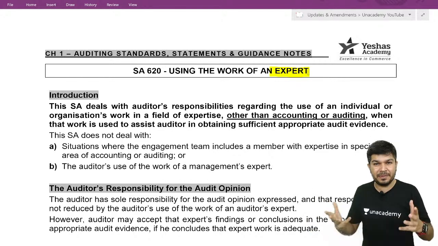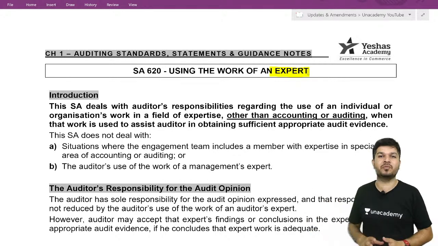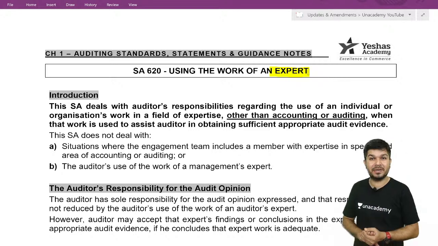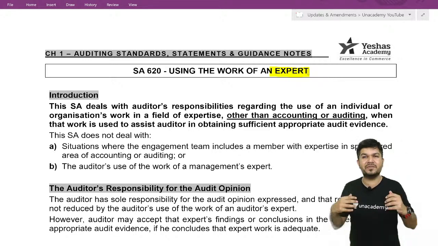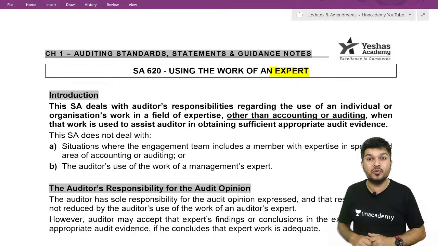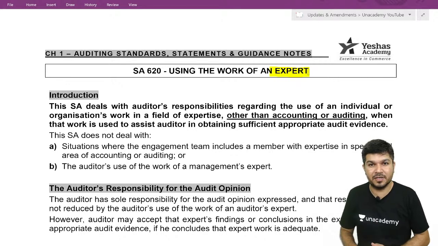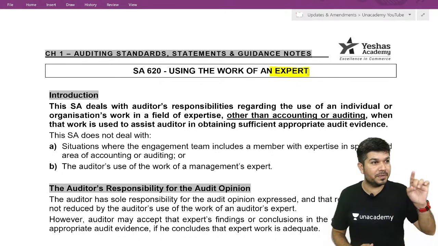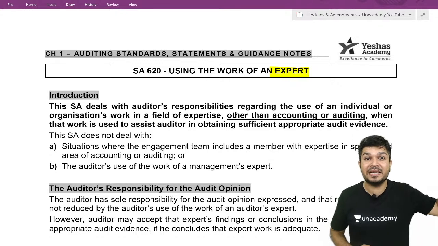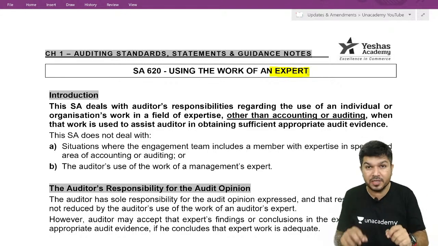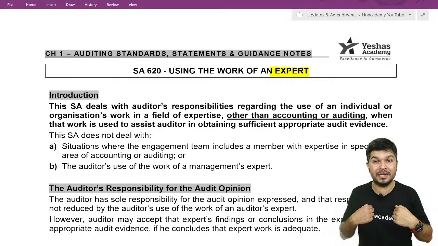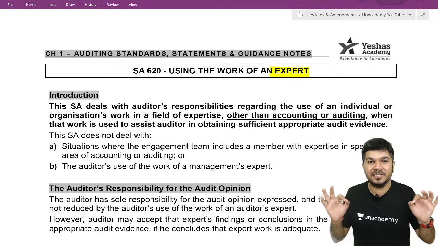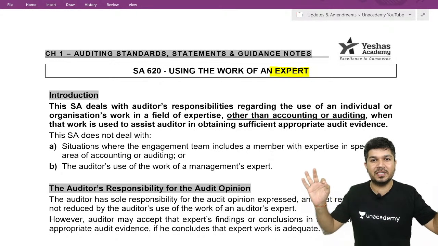Many places complex valuations are involved. If you're not comfortable with the valuations, you can take the help of an expert. The management expert is a person who helps management in preparing the financial statements. The auditor's expert is a person who helps the auditor in obtaining sufficient appropriate audit evidence.